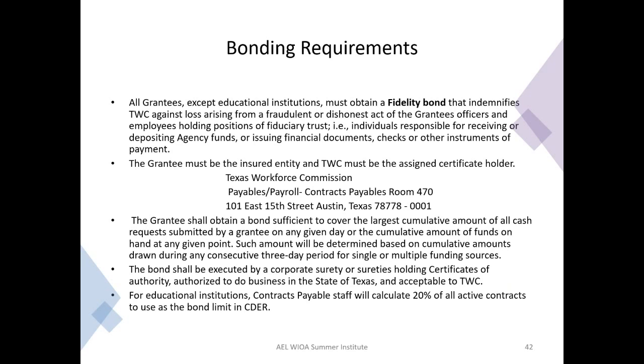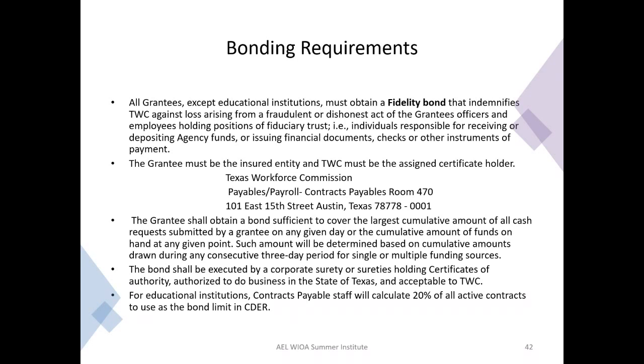The requirements, as I said, except for educational institutions, you must obtain a fidelity bond that protects TWC against any losses arising from fraudulent or dishonest acts from your officers and employees. A copy of the bond form must be sent to TWC.